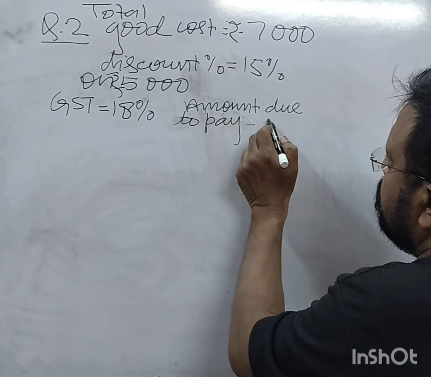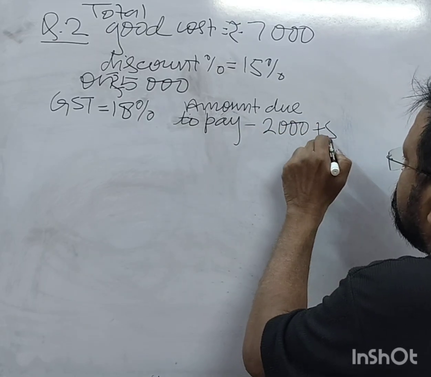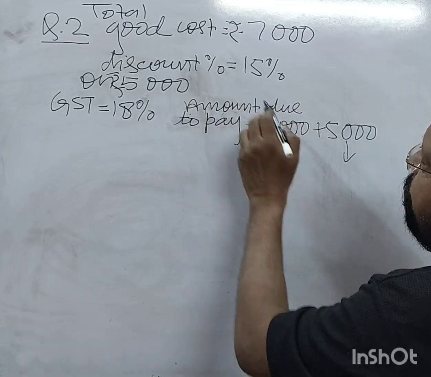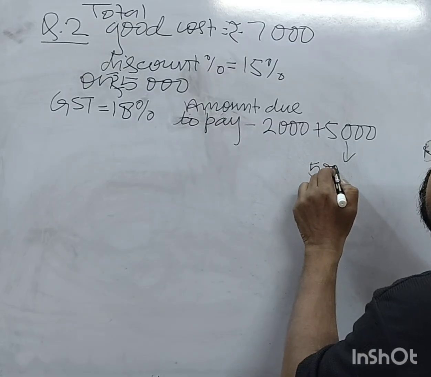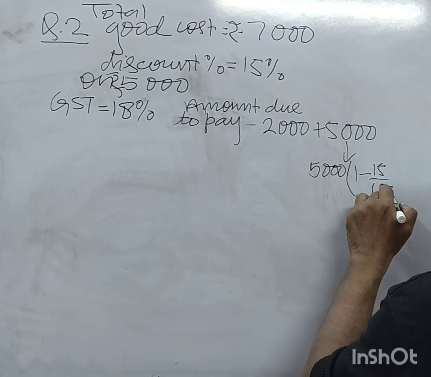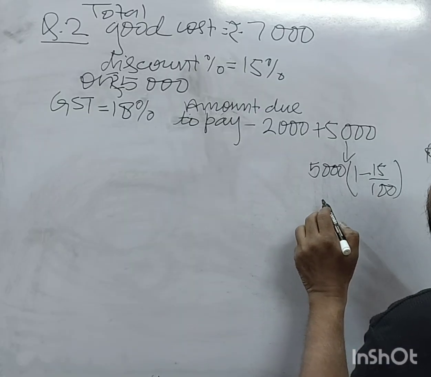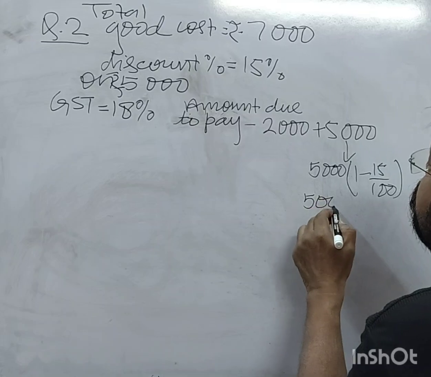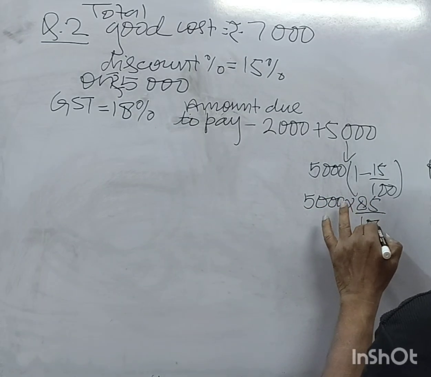First 2000 plus 5000. On this 5000 she gets 15% discount. So 5000 bracket 1 minus 15 upon 100, right? So it becomes 5000 into 85 upon 100.